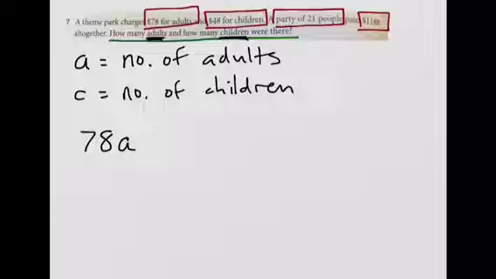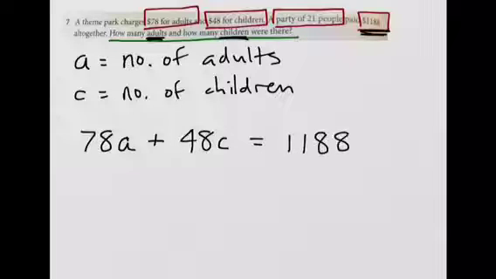If we add the $48 for each child multiplied by the number of children, we have 78A plus 48C equals $1,188. So the number of adults, A, multiplied by $78 each, plus the number of children, C, multiplied by $48 each, gives us the total amount paid of $1,188.